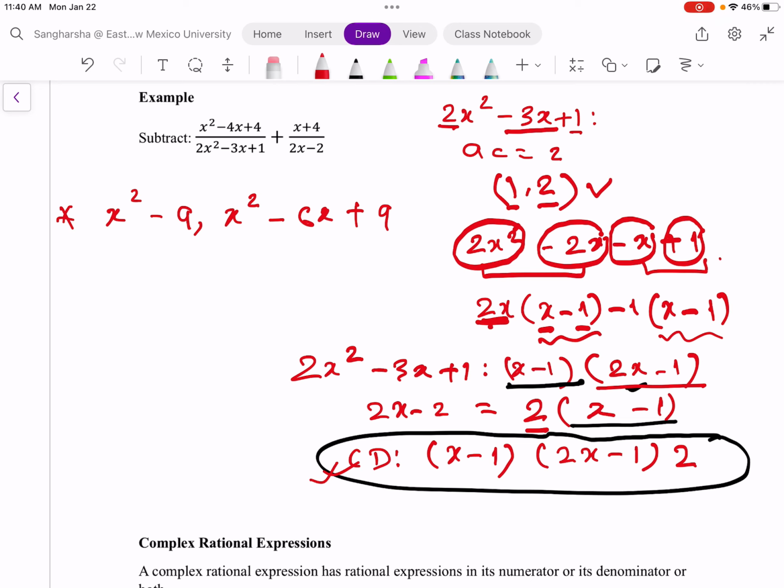You can just call it LCM, or when we are talking about rational expressions, it is the common denominator. Find the least common multiple for these two. Same method.